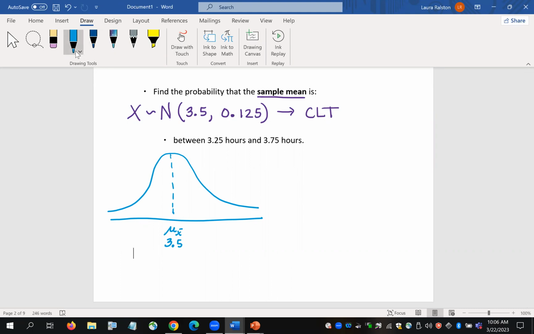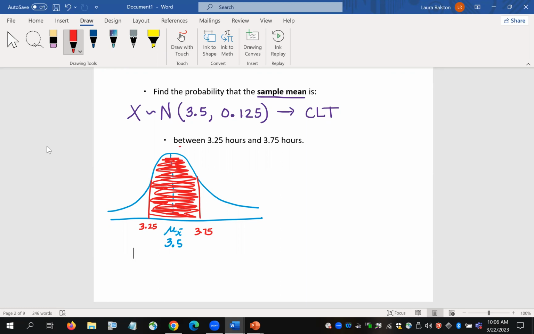I want to consider being between 3.25 and 3.75. Between. So we're looking for the area under the curve, which corresponds to the probability.